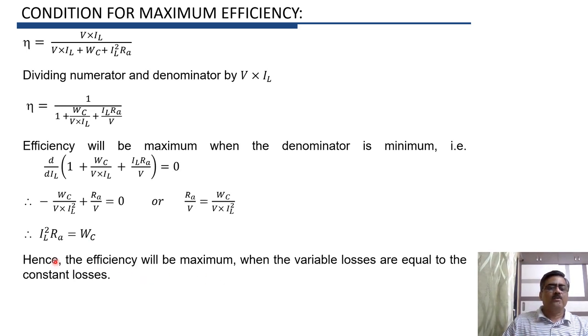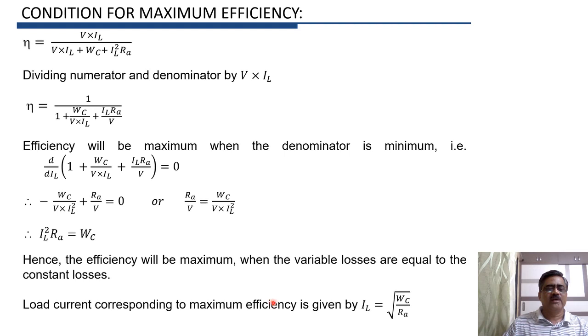Now IL square is equal to Wc upon Ra, and therefore IL will be equal to under root Wc upon Ra, and therefore the load current at which efficiency will be maximum is IL equal to under root Wc upon Ra.